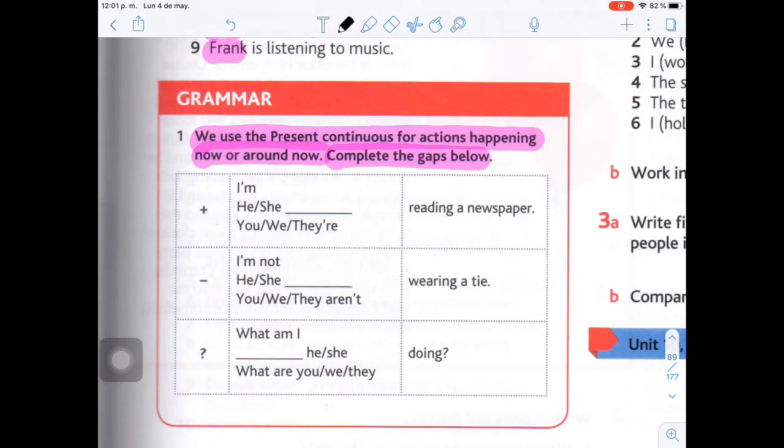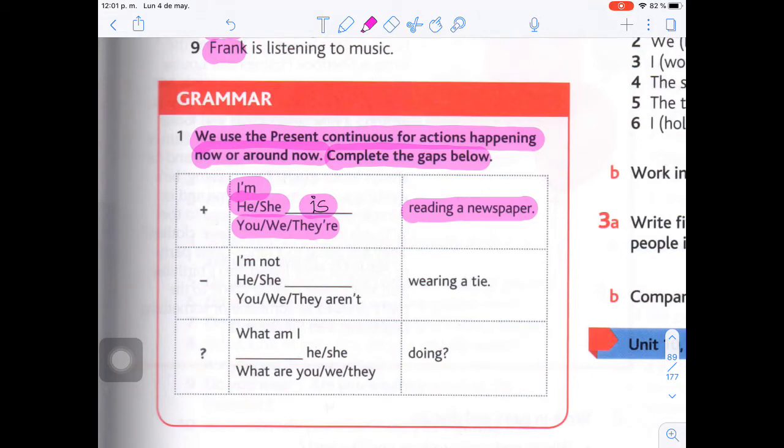I, he, she is, right? You, we, they are. Yes, so I am reading a newspaper. You, we, they are reading a newspaper. He, she is reading a newspaper.